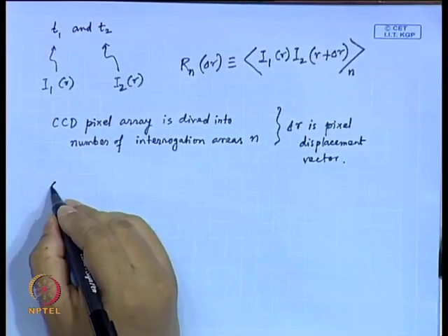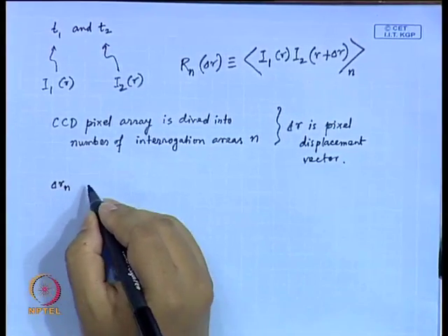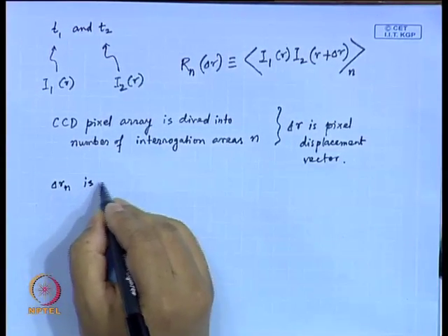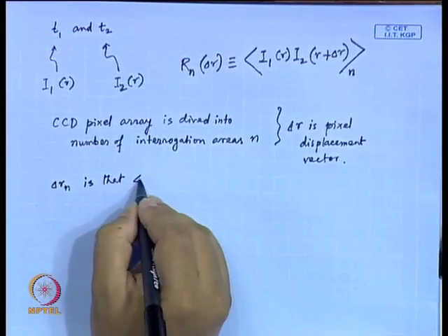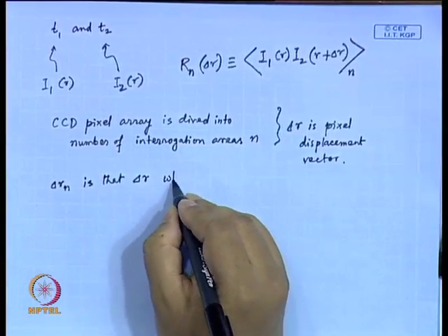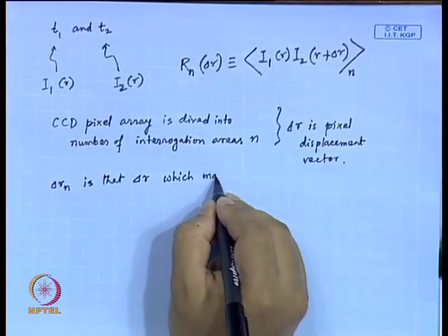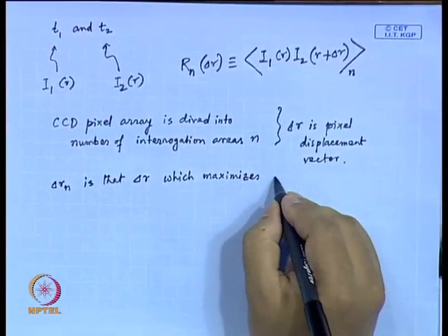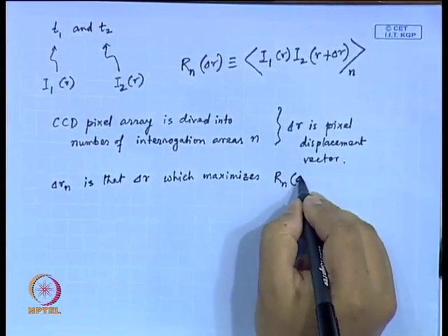Then you choose delta r_N such that delta r_N is that delta r which maximizes R_N(delta r).